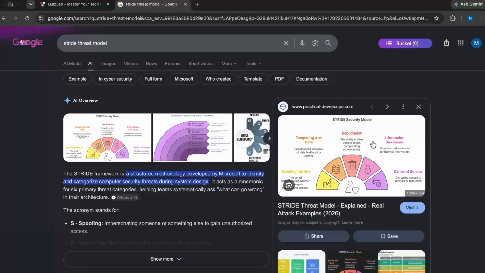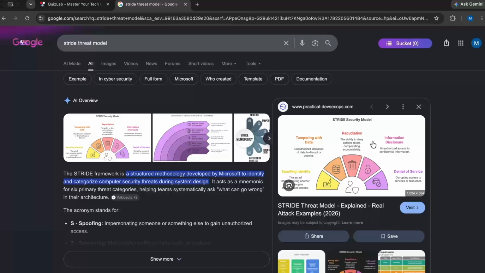Information disclosure is when you have an application, and I'm able to manipulate your application to give me information that I shouldn't be seeing if I'm not authenticated. So, an unauthenticated user.